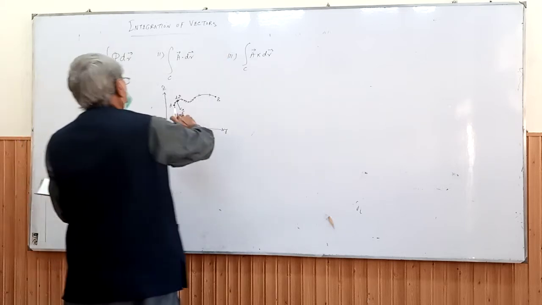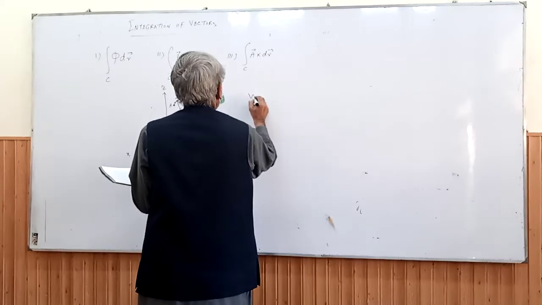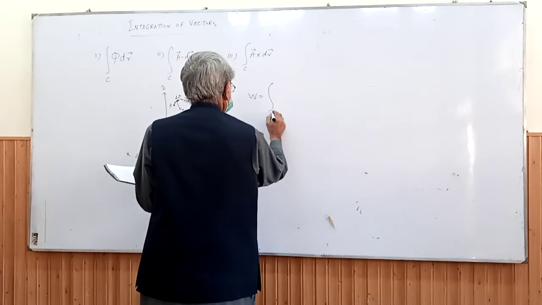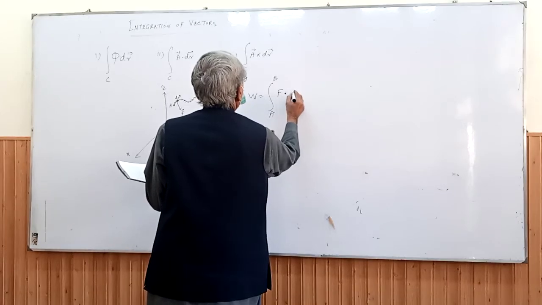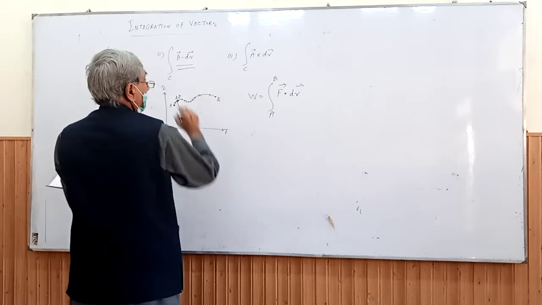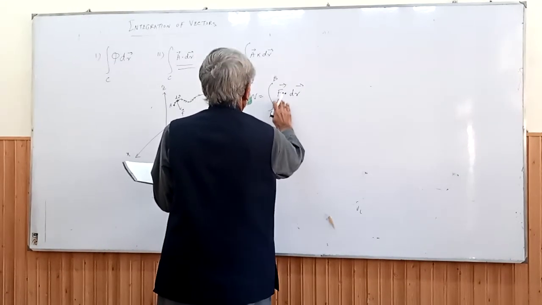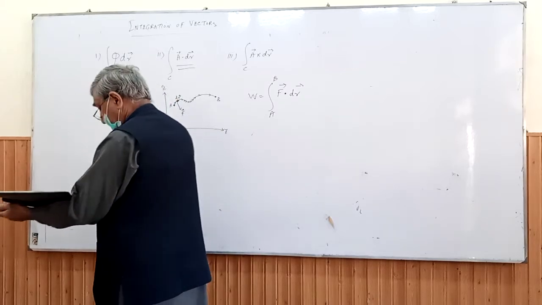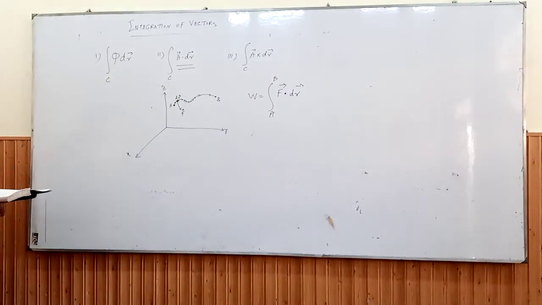You add them, and the total work done from A to B will be equal to the integral from A to B of F dot dr, like this one. And that is the work done, because work is a scalar quantity, force is a vector, displacement is a vector. So that is the work done by a force.